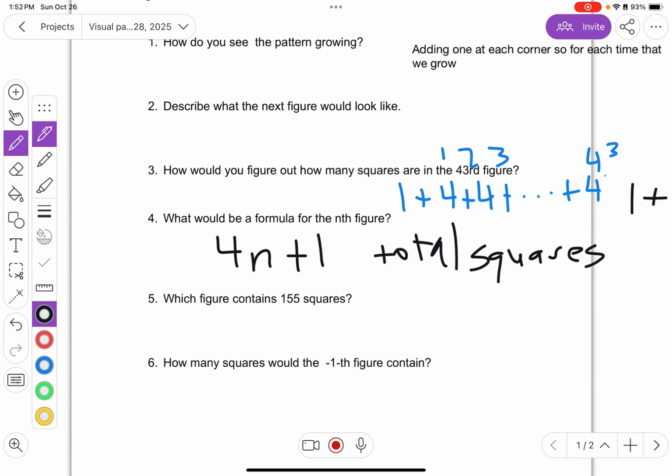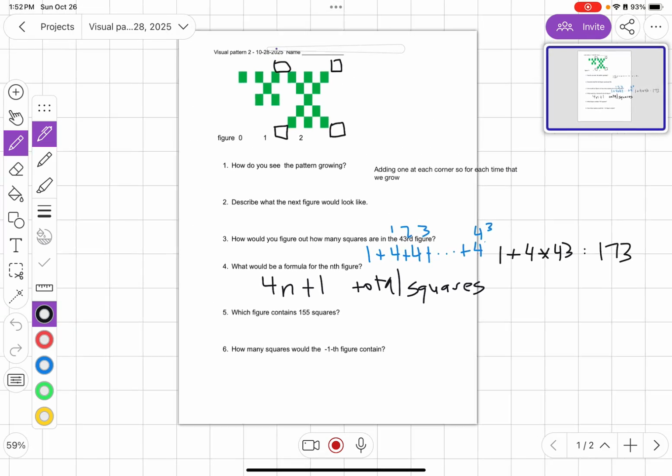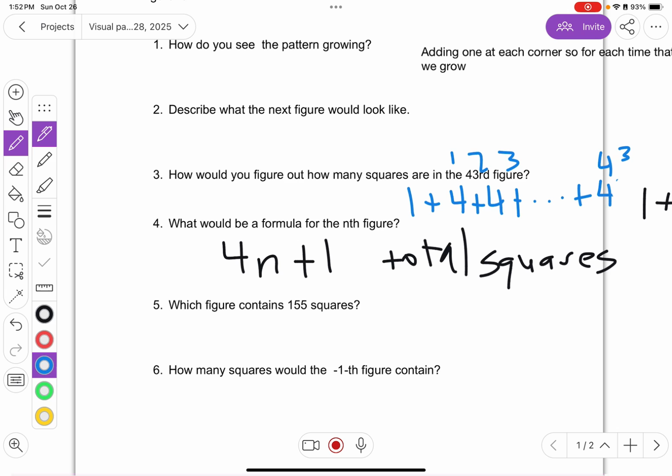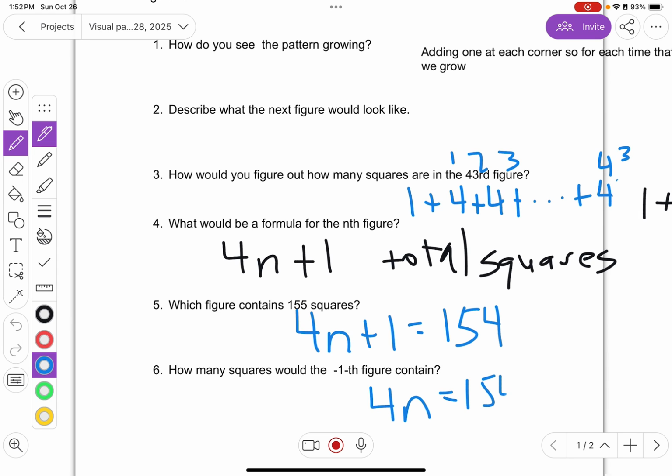So we'll say, well, we grow by 4 each time, and we started with 1. All right, so for which growth day, so you say, well, 4n equals 155, 154. Sorry, I went up here and I already took away the 1.